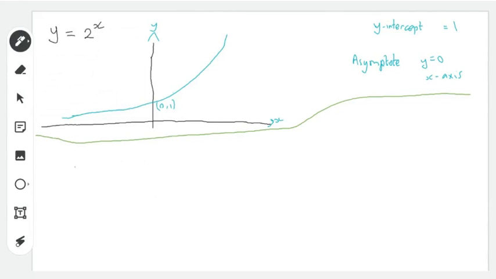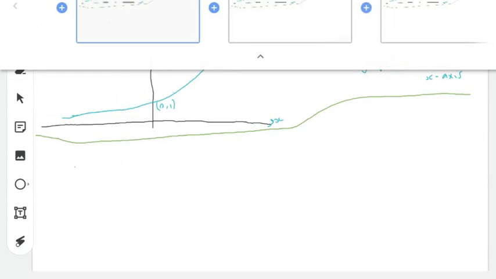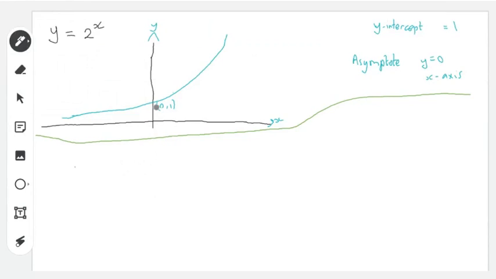I'm just going to make copies of this board. So when we draw our variations, you can see how we've gotten those versions. Okay, so next thing we're going to do is just look at some variations. So let's see what happens if we transform the graph like this.